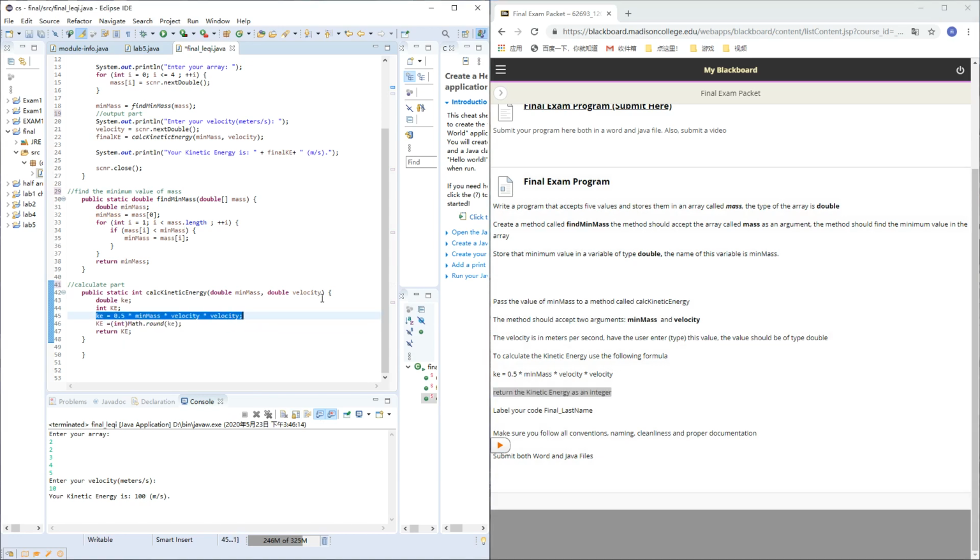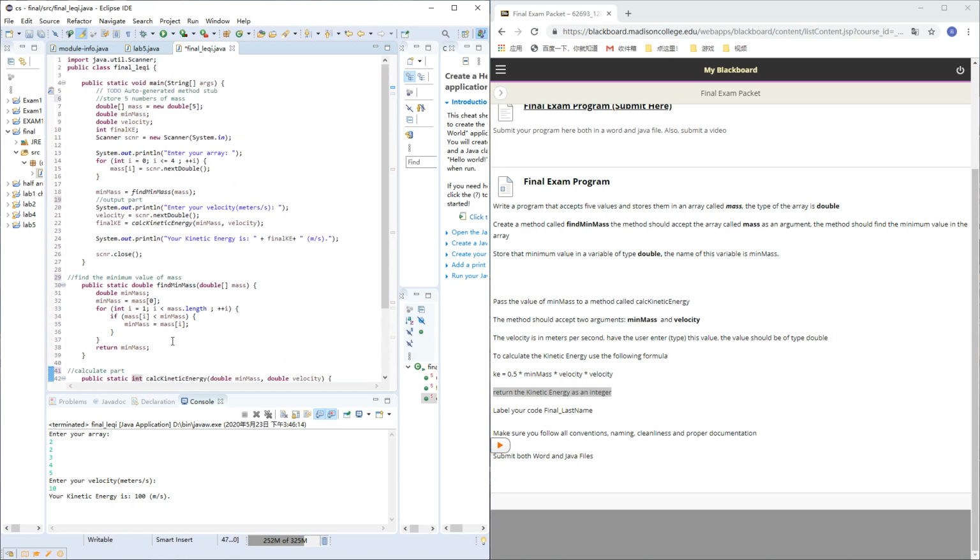If we have this number, it's going to be something point something something, but we have to round it to a whole number. So we use kinetic energy as integer, and we use mass here, round kinetic energy. So we have the big kinetic energy, and then we return kinetic energy, and it comes up by here.